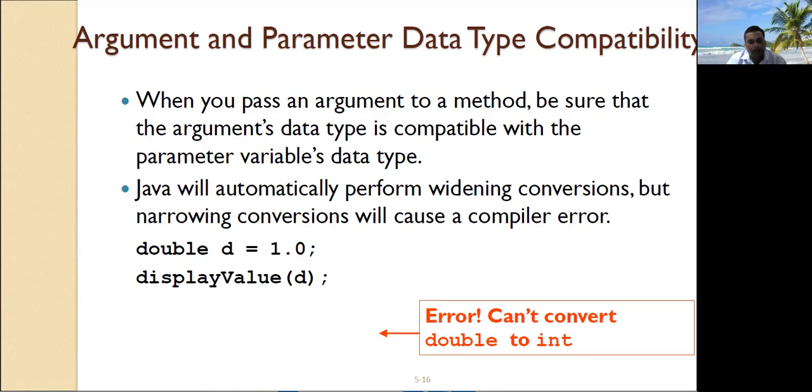When the type of argument and the number of arguments match exactly with the number of parameters and the type of parameters in the method header, then that method is executed successfully.